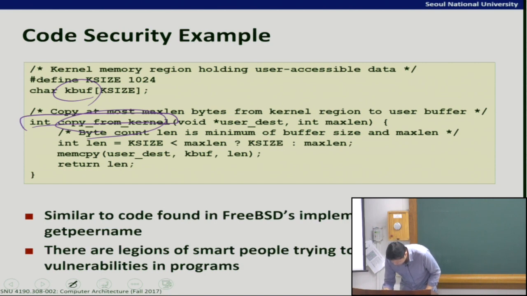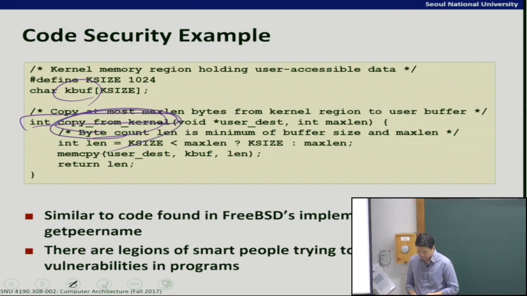Let's say there's another buffer called mybuff. What you want to do, using this function, is copy this sensitive data into your program space. This is done by invoking this copy from kernel function.